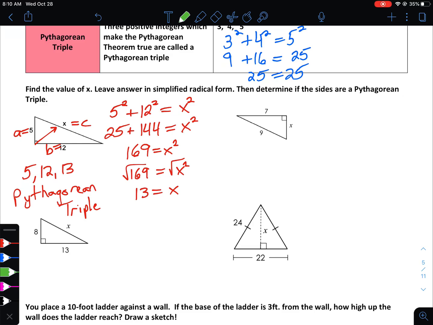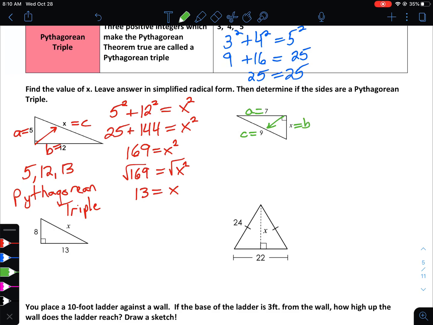All right, let's take a look at another example. So on the next example, again, I always like to start with the side which is opposite the right angle, and so C would be equal to 9. So then I'll let A be 7, and I'll let B be x.